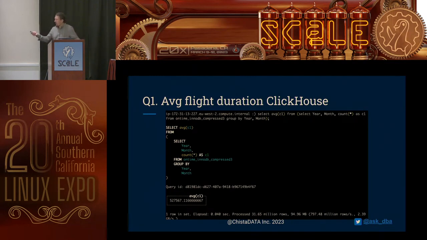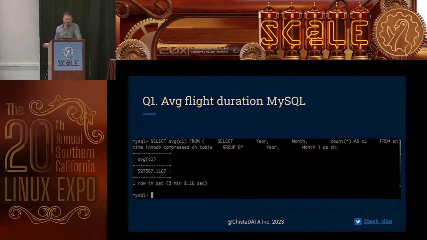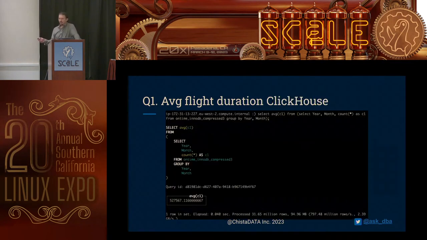Comparing the query in such a way, for 30-something million rows, 100-something columns, very denormalized data, comparing ClickHouse to MySQL is not even fair, because a simple select on MySQL, unless you have a specific index created for that query, in this case group by year or month, you need an index, a covering index for this.